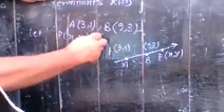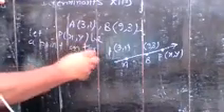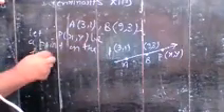So write in this way: let P(x, y) be a point on the line.